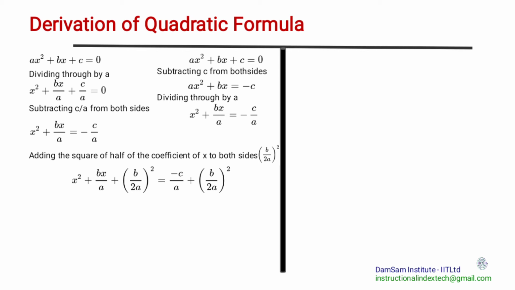Now we can factorize the left hand side because it is a perfect expression, and we get x plus b over 2a all squared.